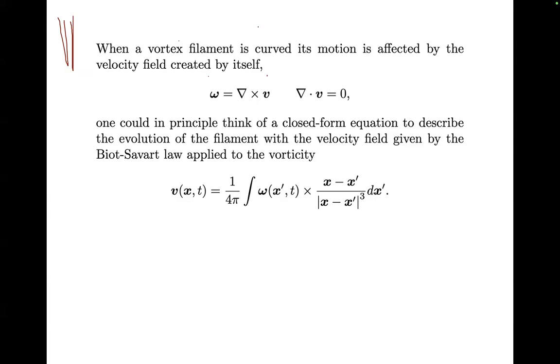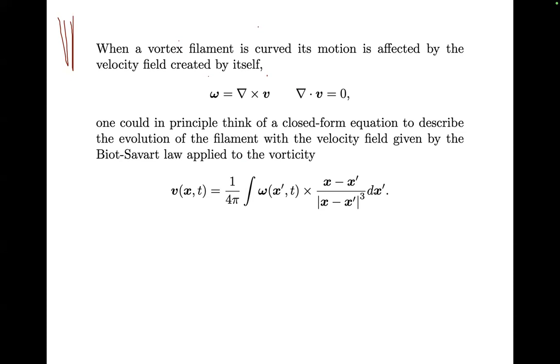So you see that the velocity v is obtained as a convolution of the vorticity omega with the kernel you see there, which is x minus x prime, a vector over the distance cubed. And there is a wedge product in between, of course, coming from the curl.